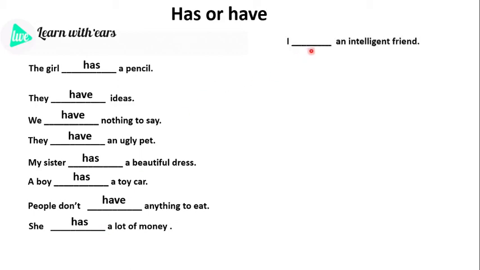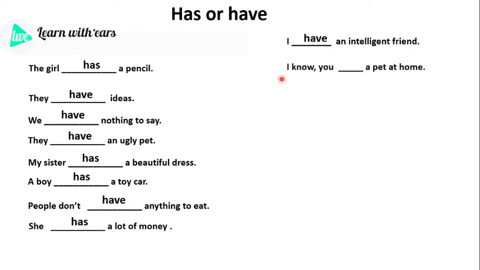Okay? I, an intelligent friend. We know with I we use have. I have an intelligent friend. We're using an because here we have a vowel.